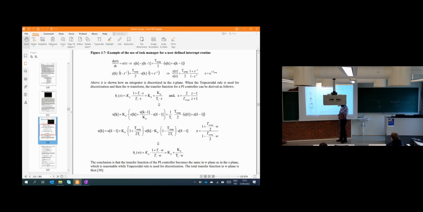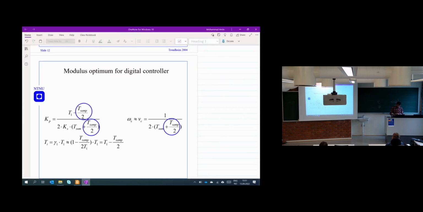And this is the method using the trapezoidal method. Here, if you look at S, originally in the S domain, it is like this. And we have T as the sampling time. So this is the method. It has been discussed in a bit more detail in the compendium, so I'm not discussing more detail here.